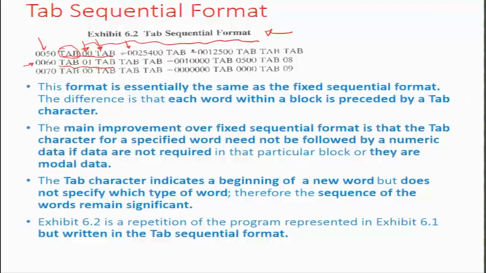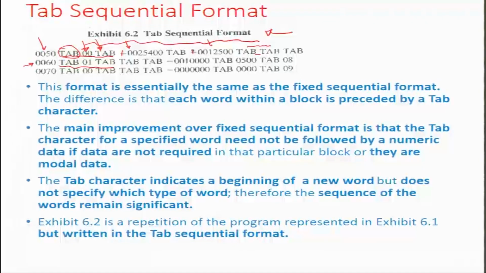So, you have positioned yourself at plus 0025.400 plus 0012.500, and wherever there is no requirement, like for example either the origin is there or 0 is there, or you don't need to change the entry, you just simply press 2 tabs so that it skips or bypasses the particular column and goes to the next step. So, now you don't have to really start writing again and again.